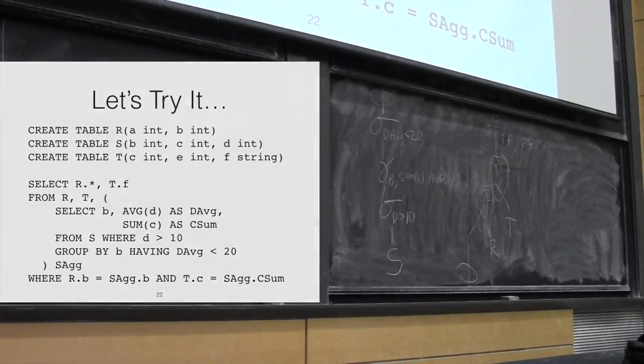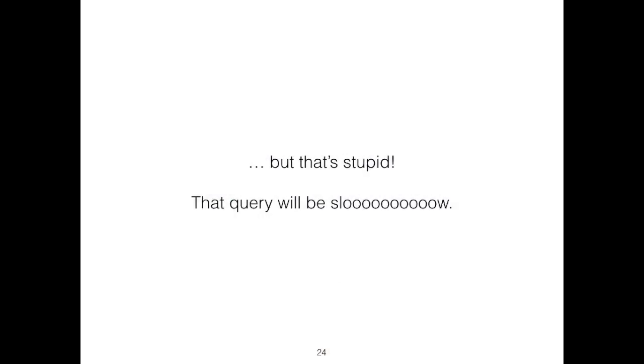So right now, what I'm hoping at least a few of you are thinking is that the way this was originally phrased, where we just have this whole chain of cross products and then we apply the selection predicate, is stupid.